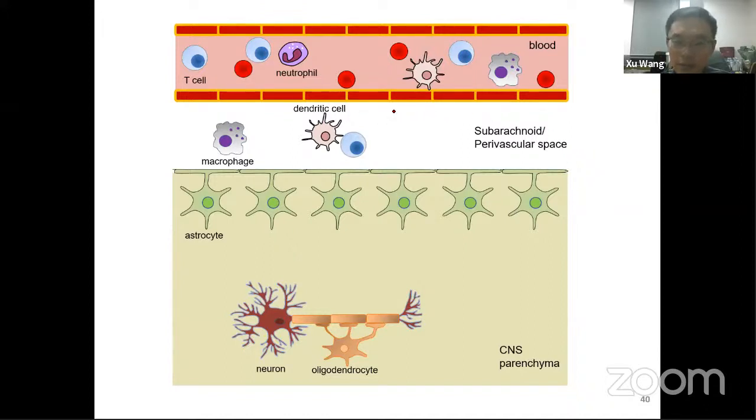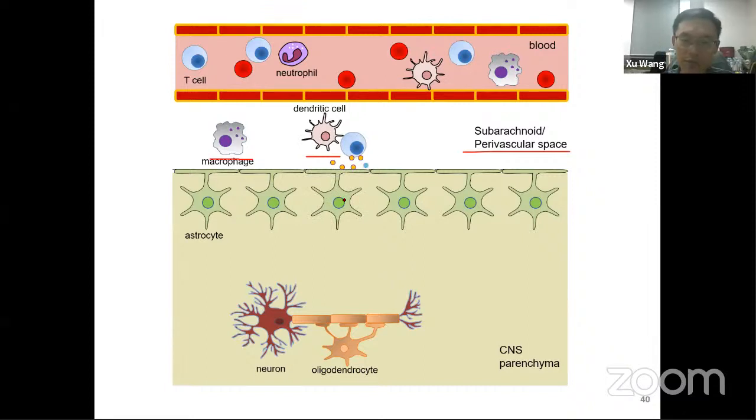In this area, T cells are reactivated by antigen-presenting cells, including dendritic cells and macrophages. As a result, CD4 T cells undergo clonal expansion and produce a lot of pro-inflammatory cytokines, including TNF, interferon gamma, and interleukin-17. These cytokines activate or stimulate adjacent CNS resident cells, particularly astrocytes.